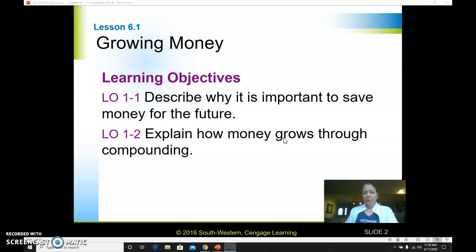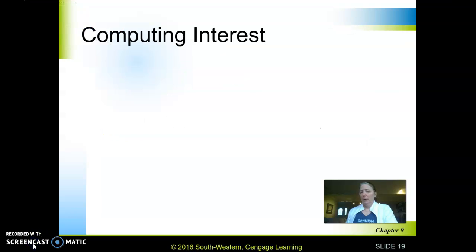And we can compute interest and grow our money on a simple basis or a compounded basis. So simple interest method and compounding interest method. And I'm going to flip to the chapter 9 slides to do the simple interest calculation first. So interest is a really important part of growing your money.